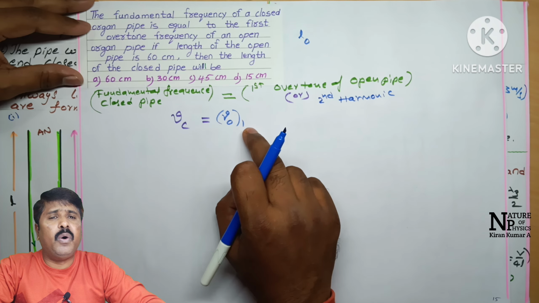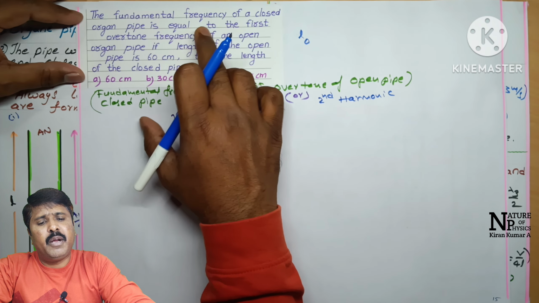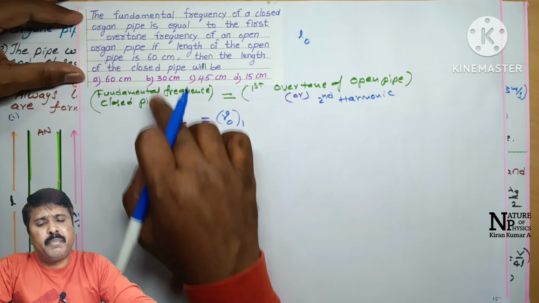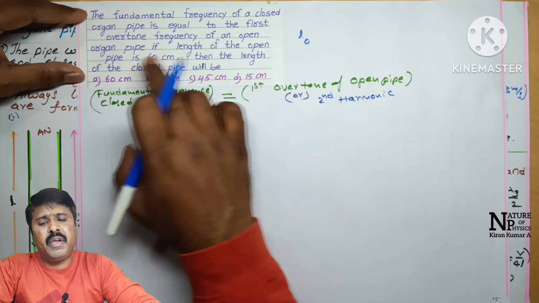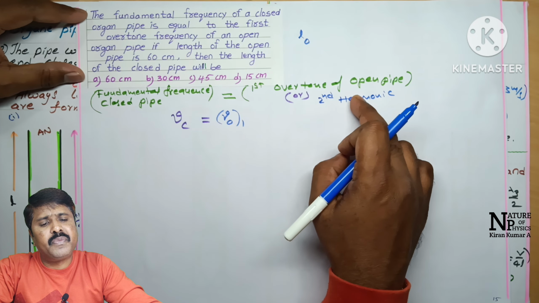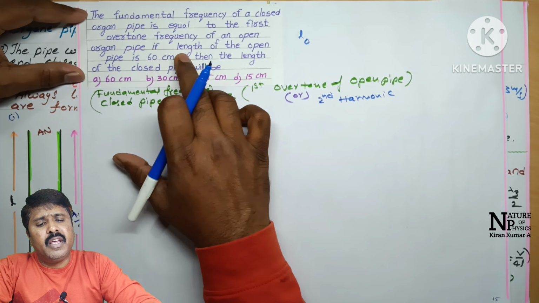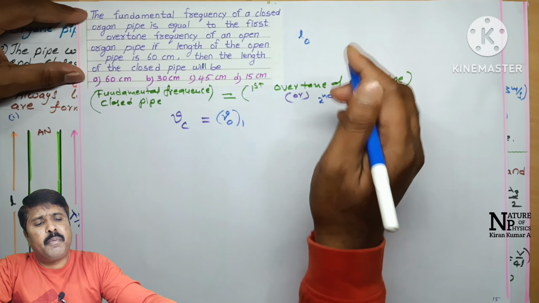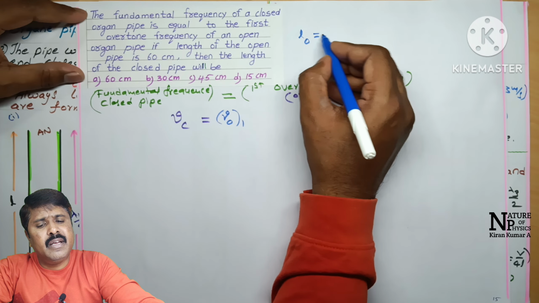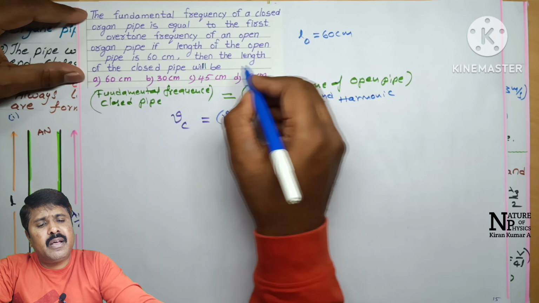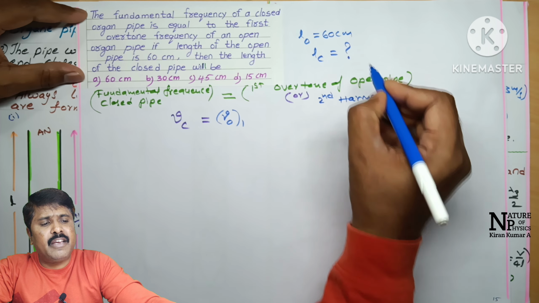Once again I will read the question: the fundamental frequency of a closed organ pipe is equal to the first overtone frequency of an open organ pipe. If the length of the open pipe is 60 centimeter, then the length of the closed pipe LC is asked, student.